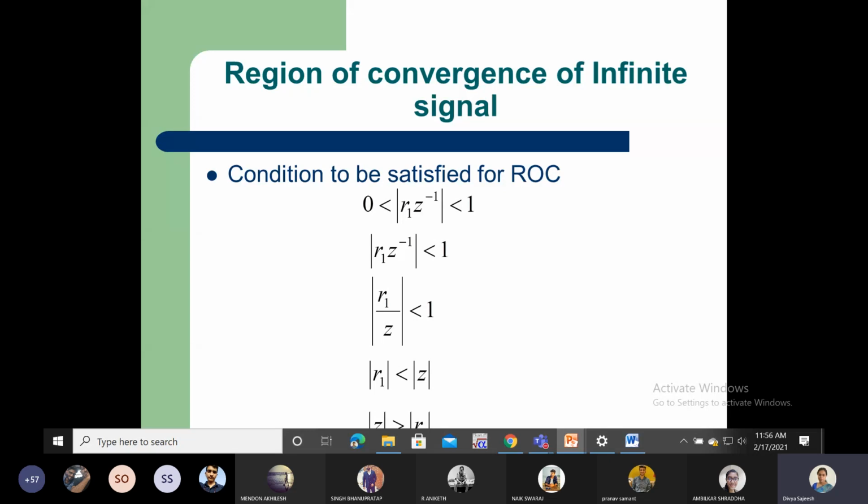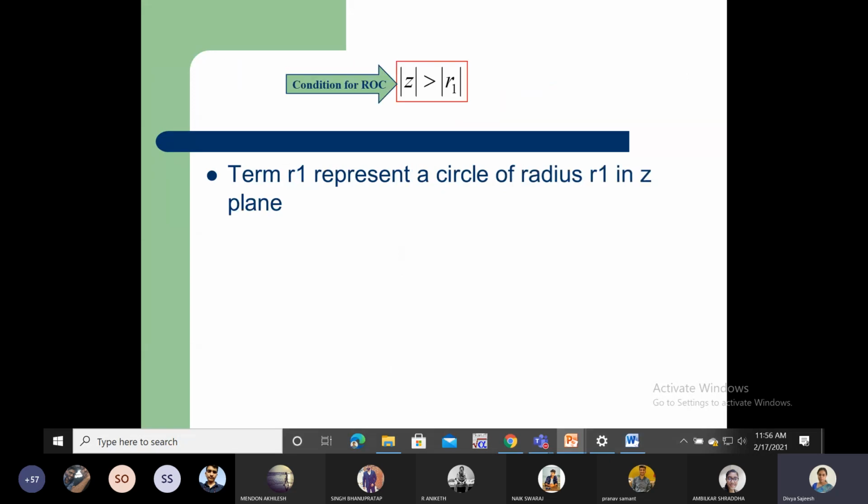So, for all values of z greater than r1, the z transform will exist. Okay. What is this r1 mentioned here? r1 is a circle of radius r1, magnitude r1, in the z plane.